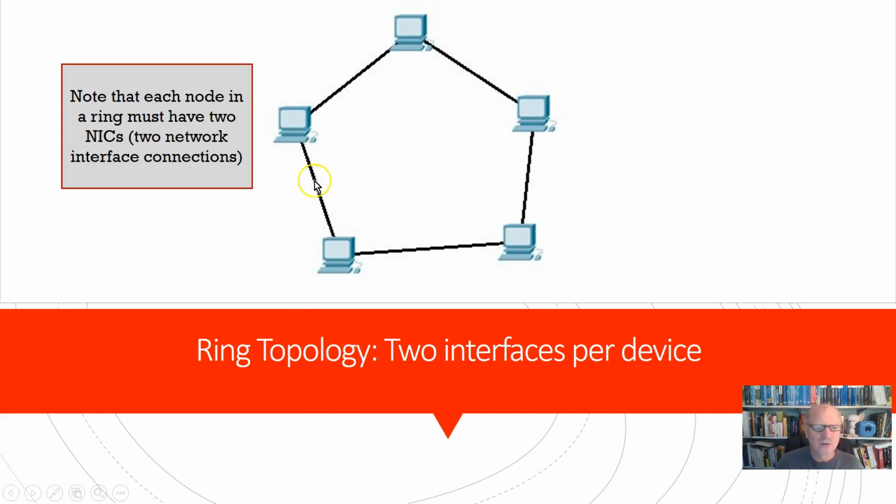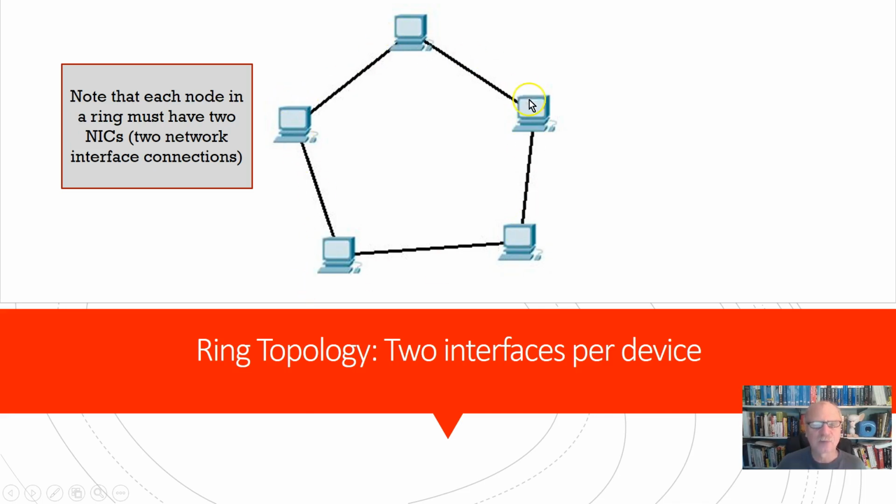In the ring, note one little problem, and that is that every computer here must have two NICs, or network interface connections, or network interface cards is what NIC actually stands for. So, for example, your laptop may only have one Ethernet port in it. Well, it would need two of them in order to be able to hook into a ring.